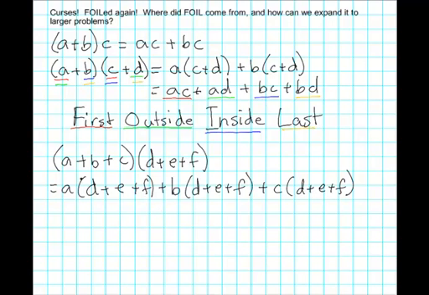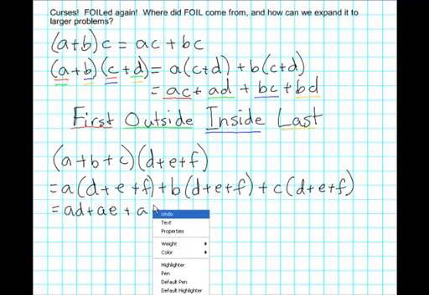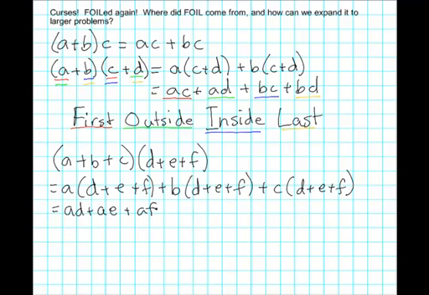Now I'm going to distribute the A and the B and the C into their respective quantities like this. AD plus AE plus AF, plus BD plus BE plus BF plus CD plus CE plus CF.